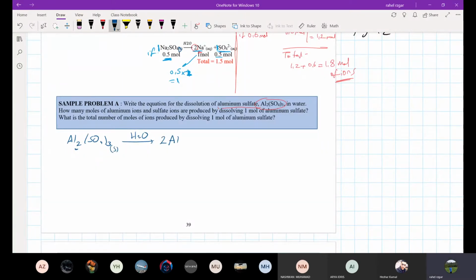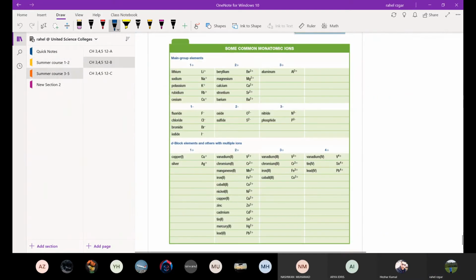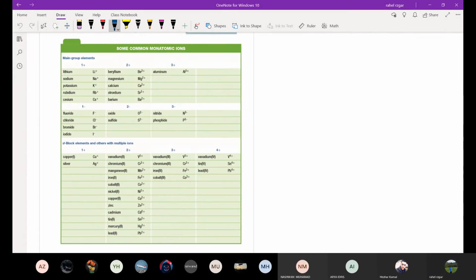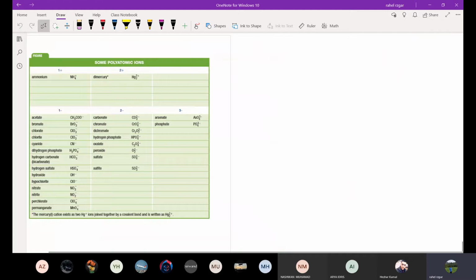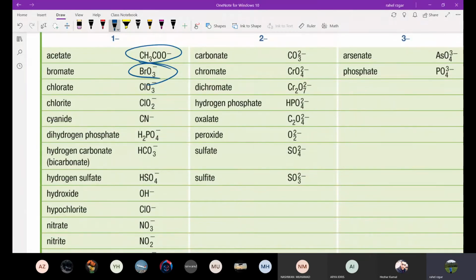But this one is solid. They become aqueous. How many moles of sulfate? See, sulfate, nitrate, the ones like here, in the second table, for example bromate, acetate, we use them as one unit.